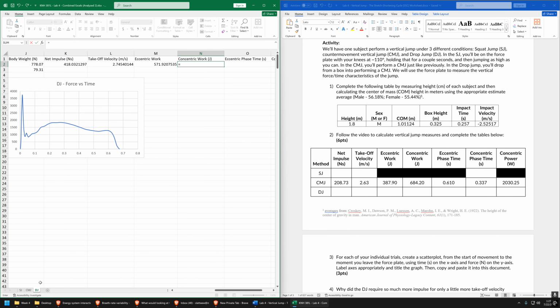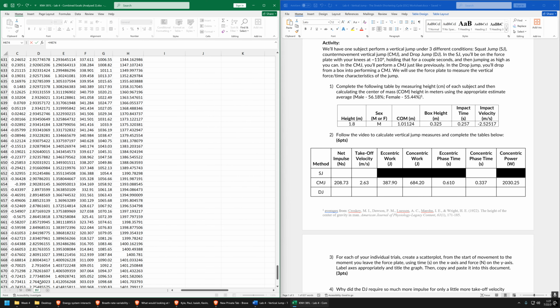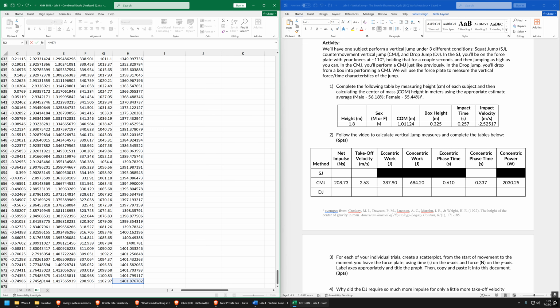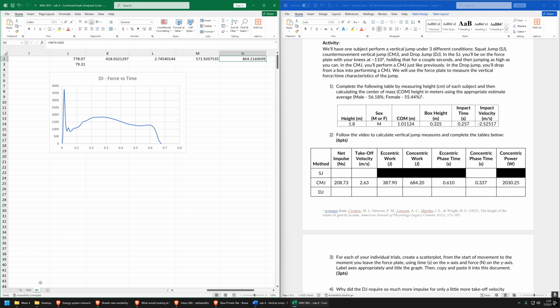And then concentric work is the last one before I take off, subtracted from the center of mass at its lowest position.